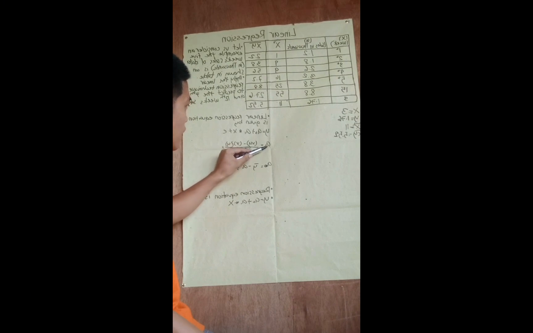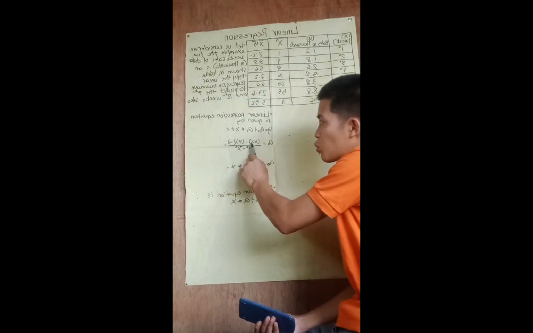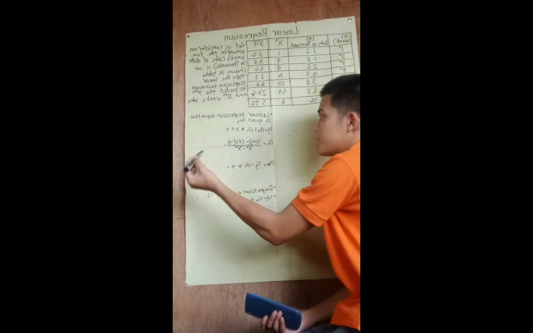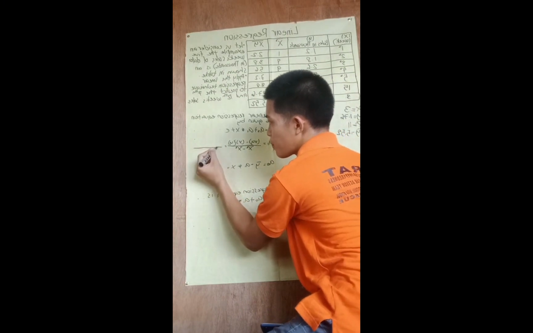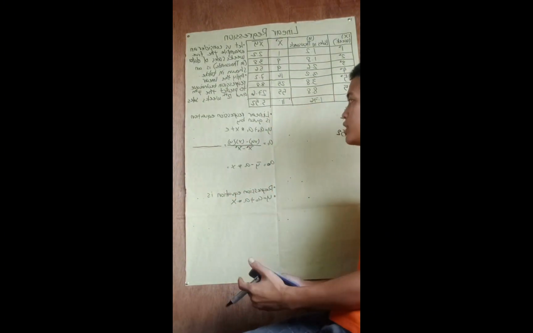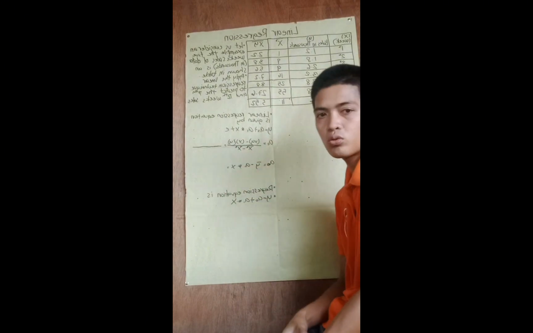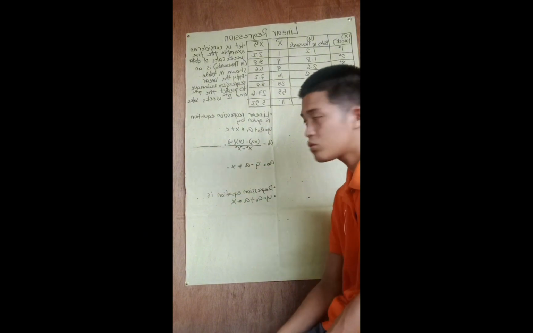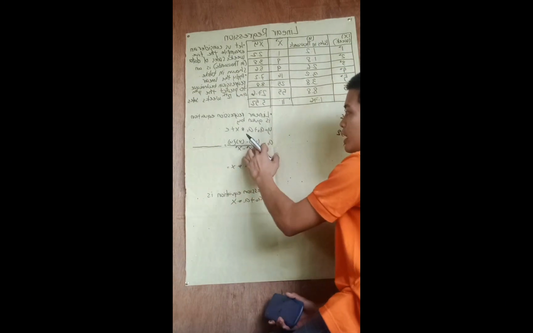So this is a1. First, a1 is the mean of xy minus the mean of x times the mean of y, over the mean of x squared minus the mean of x, raised to 2.